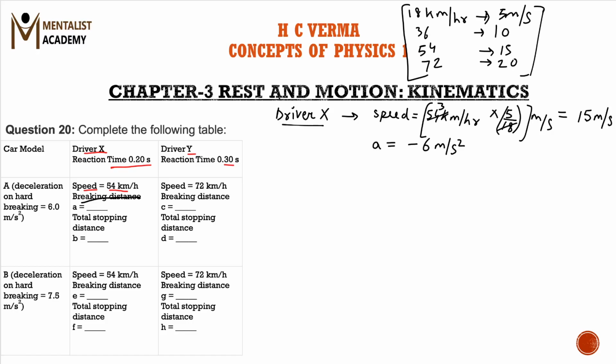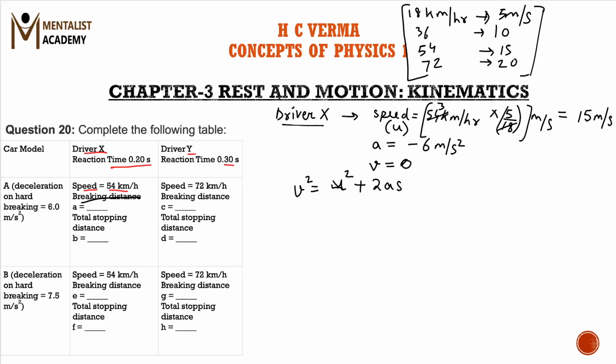We have to stop the car, therefore the final velocity of the car would be 0, and the initial velocity u is 15 meter per second. So we apply the Newton's equation, v square is equal to u square plus 2as.